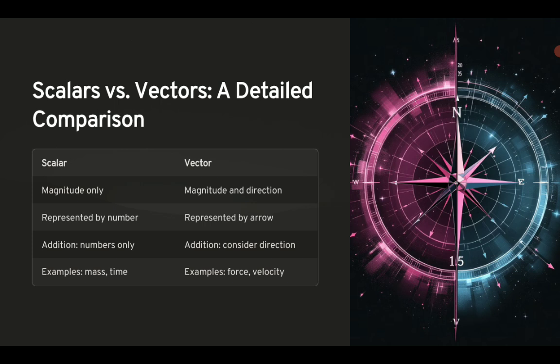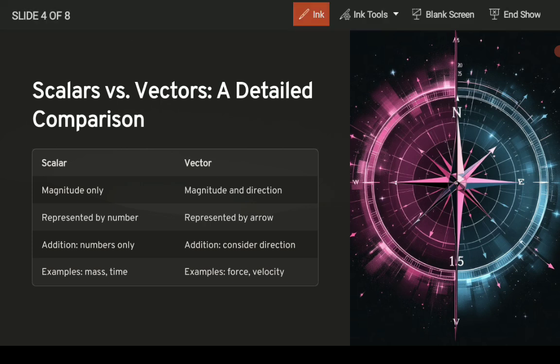So let us look at the comparison between vectors and scalars. We just mentioned that a scalar quantity has magnitude only, while a vector quantity has magnitude and direction. A scalar quantity can be represented by a number and a unit, but a vector quantity is represented by an arrow and a line segment.